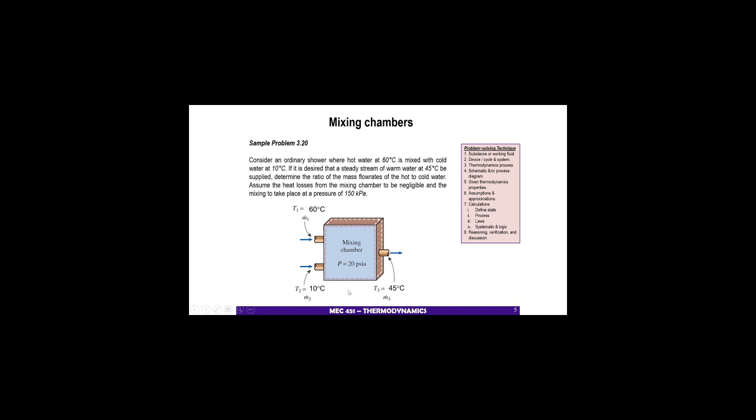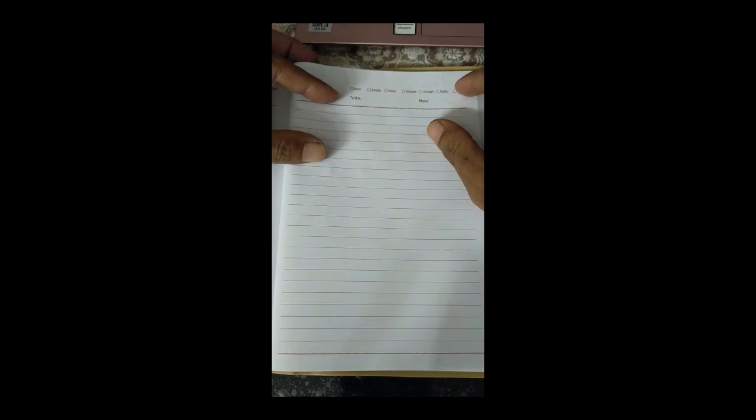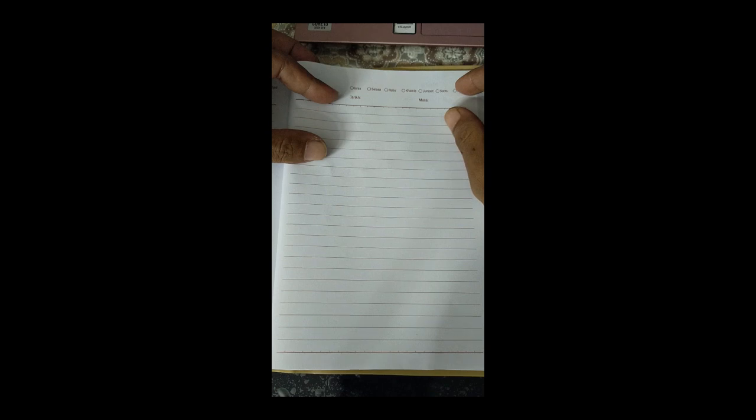Sample problem 3.20. Consider an ordinary shower where hot water at 60 degrees Celsius is mixed with cold water at 10 degrees Celsius.